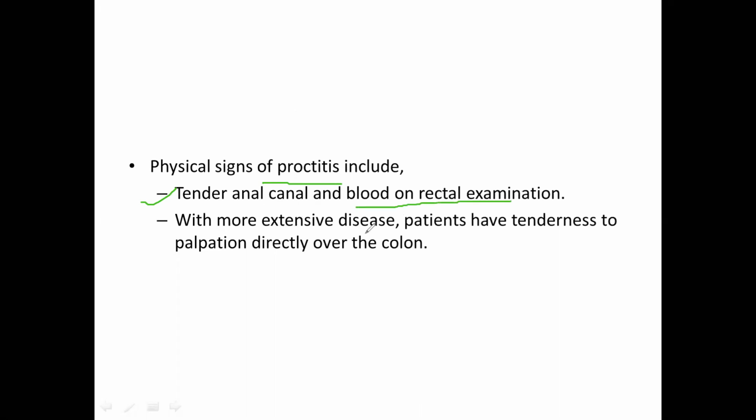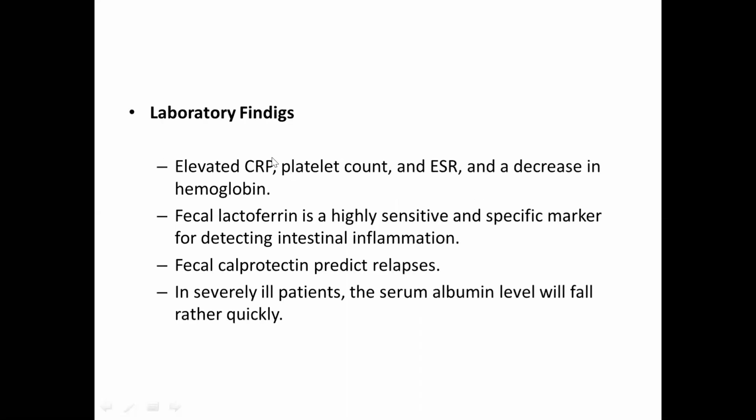With more extensive disease, that means apart from the rectum, if the sigmoid colon is involved or the inflammation has reached the splenic flexure, the patient may have tenderness to palpation directly over the colon. These are the physical findings a patient may have with ulcerative colitis.